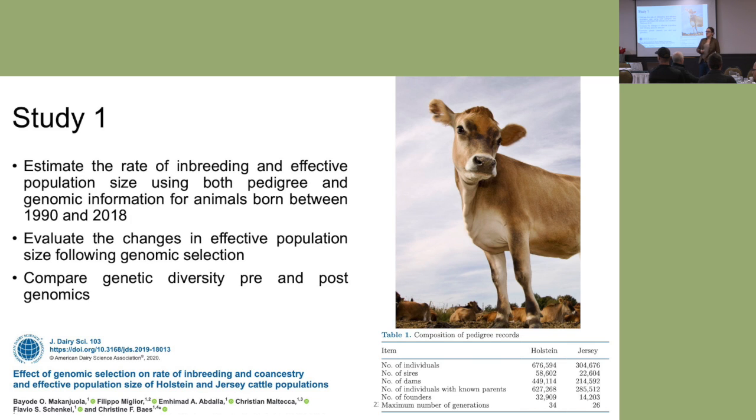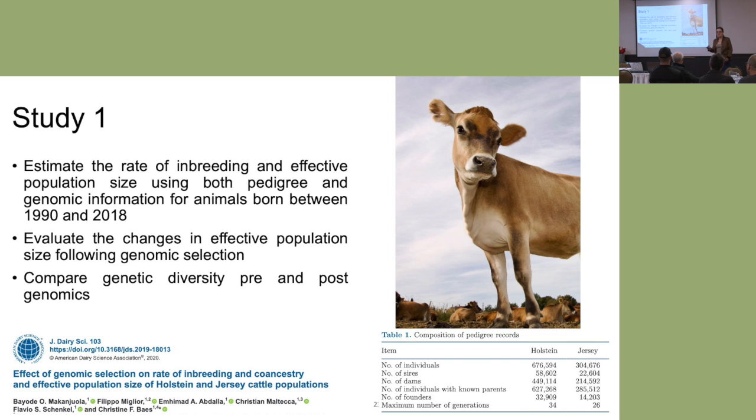Okay. So we had some data available through LactaNet, and we looked at Holsteins and Jerseys, and we had a data set for Jerseys of 304,000 animals. For Jerseys, that's a huge data set. I love it when we can have a data set like that. For Holsteins, of course, we had 676,000 animals, but these are only animals with genotypic information.